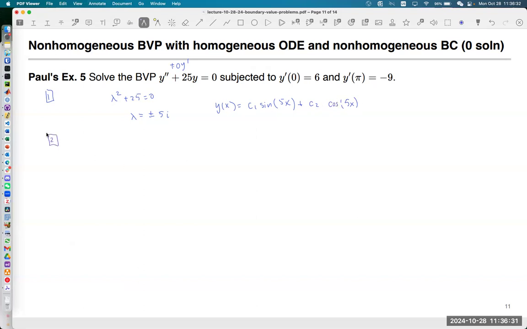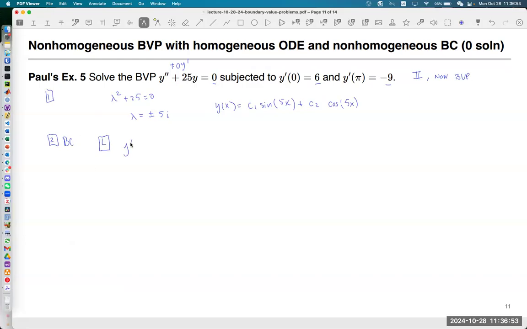Okay, and the second one, we look at boundary conditions. So for the left boundary condition, here we have first derivative, so this is type 2 boundary condition. And these are non-zero, so non-homogeneous boundary condition, homogeneous ODE, so non-homogeneous boundary value problem.